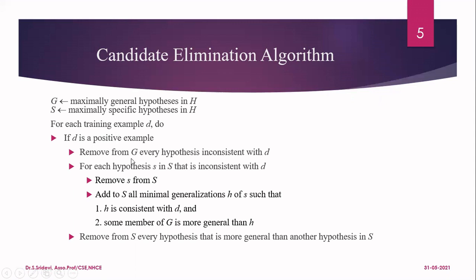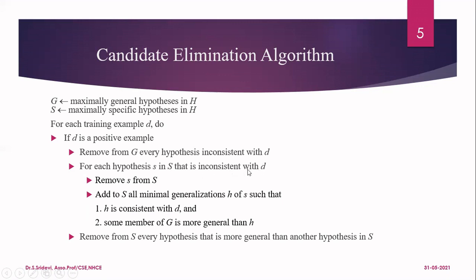We will check whether the particular hypothesis in the general boundary is consistent with the given training example. If so, we will retain it. If it is not consistent, we will remove that hypothesis from the general boundary G. And now we will see what is going to happen with respect to the specific boundary S. For every hypothesis S in the specific boundary S, we will check first whether it is inconsistent with the given training example.